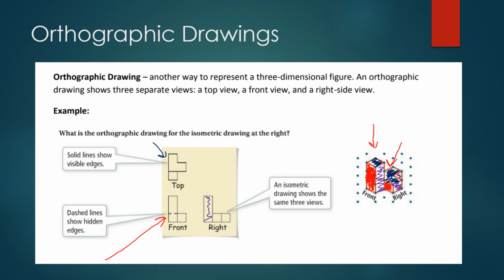That's why they're getting tower, block, block. So the idea is that if I can see the top, the front, and the right, then I should have an idea of what the three-dimensional object looks like. So keep in mind that we're looking for dashed lines for hidden edges, and the solid lines are the edges that we can see.